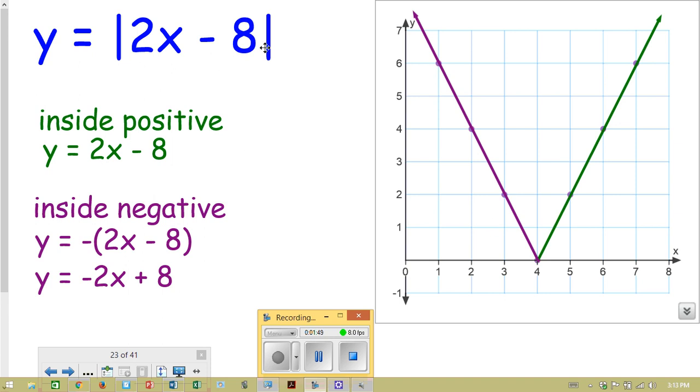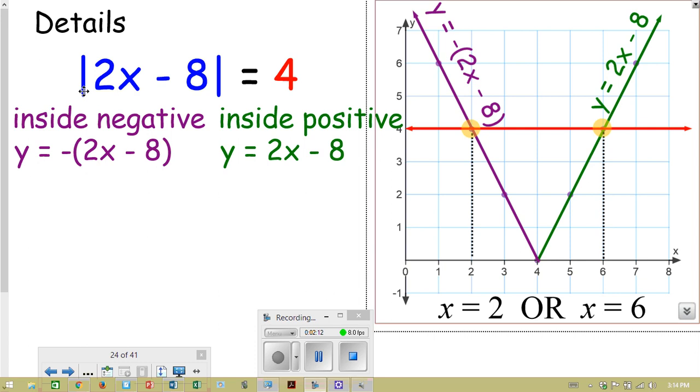And then remember, if what's on the inside is negative, absolute value makes it positive by taking the opposite of that, because we had said the inside was negative, and the opposite of a negative is a positive. Well, if you would distribute this through, you would get this here, and that is your other half over here in purple.